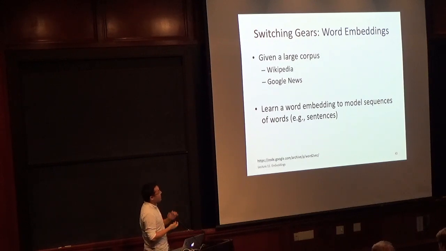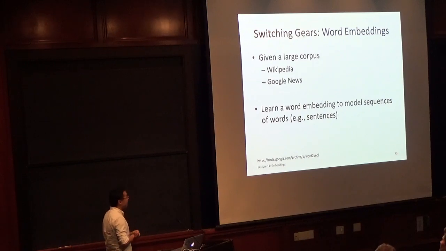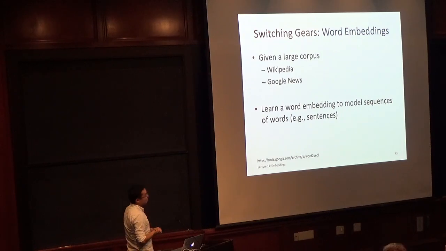Sorry, if you know about learning word embeddings these days, Reddit is actually one of the most popular corpora, and it's highly problematic because of all the toxicity on Reddit. We're going to learn a word embedding to model sequences of words that exist in these textual corpora.